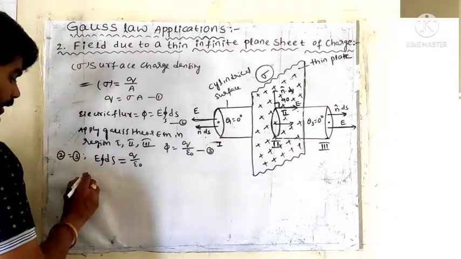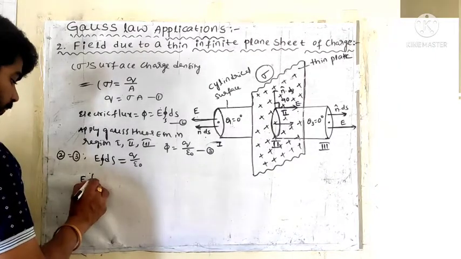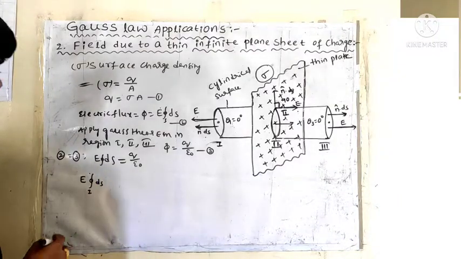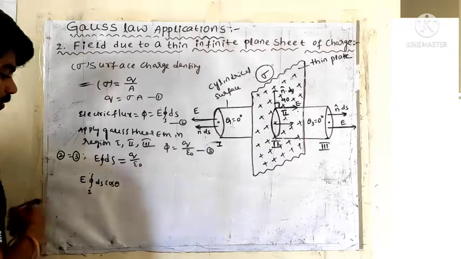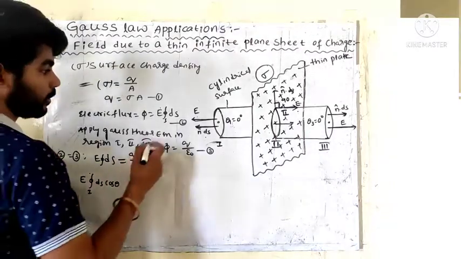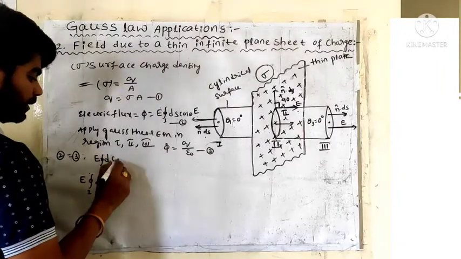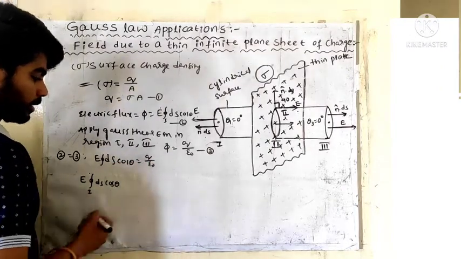So how can we calculate from region 1? The surface integral of E ds at region 1. The angle is also there, so write that angle also, cos theta. The general formula is E ds cos theta, which is equal to q by epsilon naught.